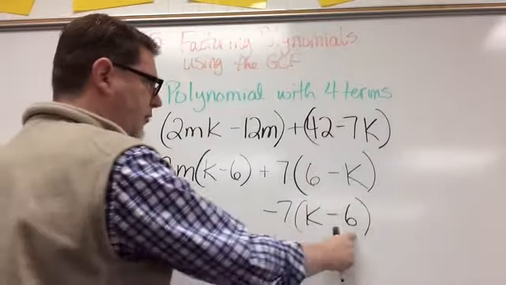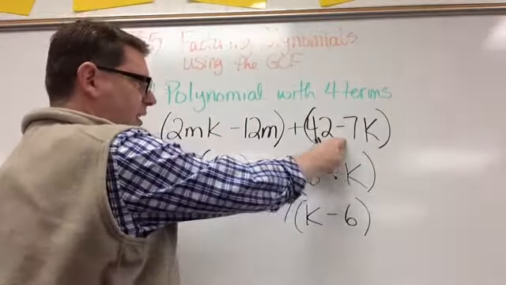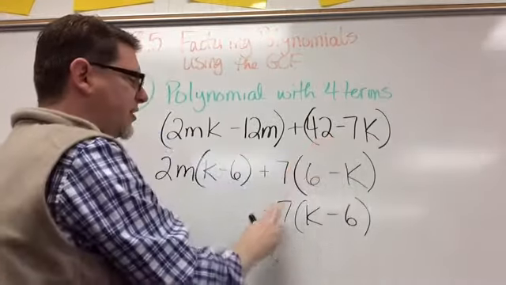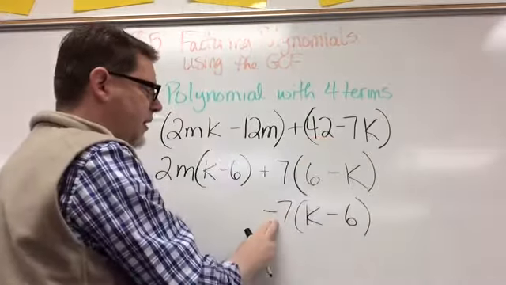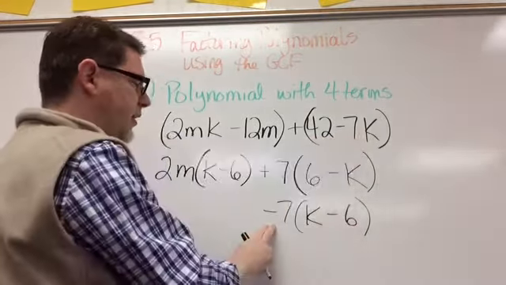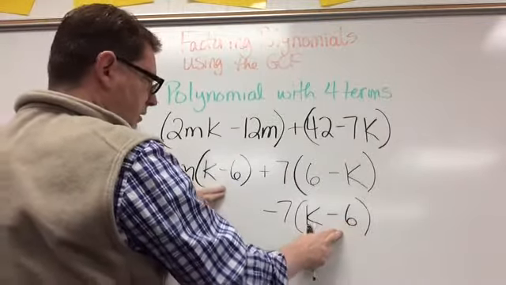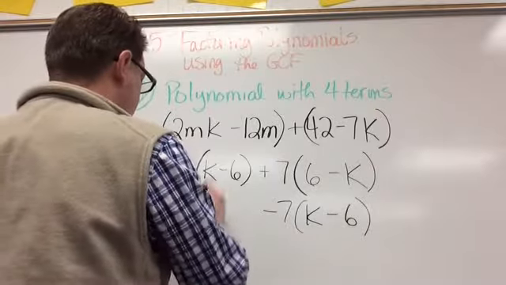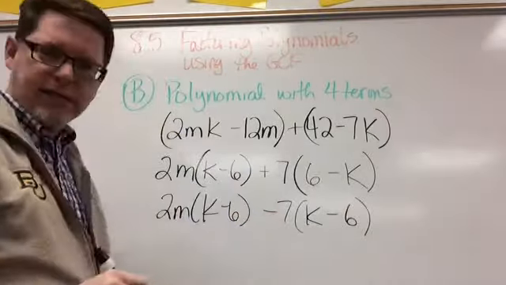I multiply by -1. So essentially what I did is, instead of factoring out a 7 from this, I factored out the -7. And 42 divided by -7 is -6, and -7k divided by -7 is k, so that my two binomials are exactly the same. So I have 2m times k minus 6 minus 7 times k minus 6.